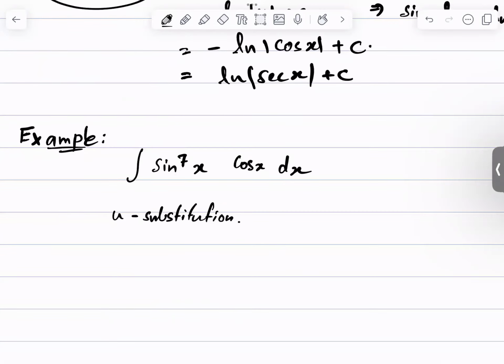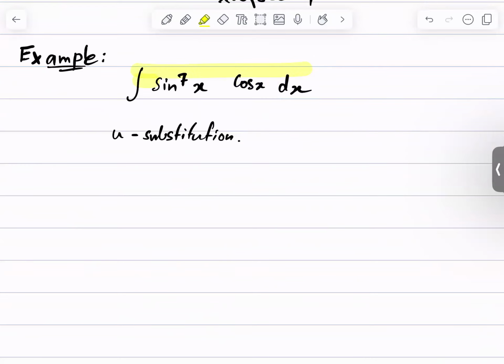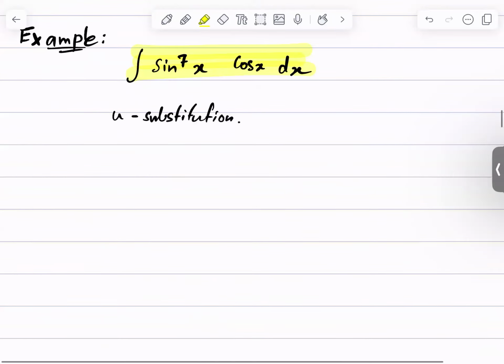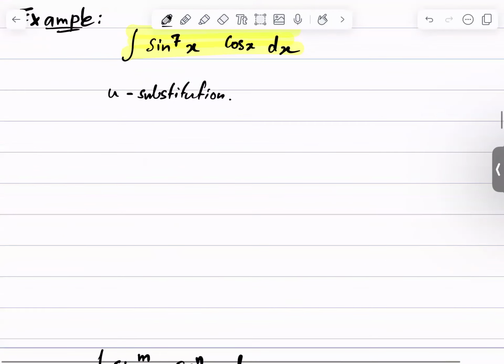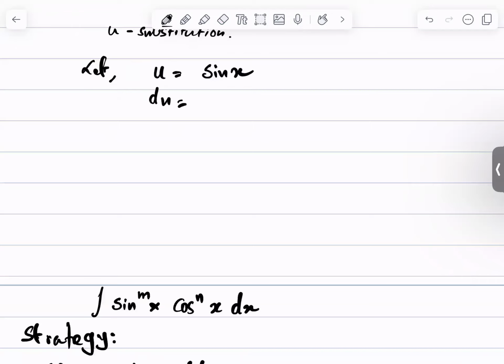Now, to start with, let's focus on this example: sine to the 7x cosine x dx. How to tackle this? This can be done using U substitution. This is quite easy. Suppose I take u to be cosine x. Oh, sorry. If I take u to be sine x, then my du would be cosine x dx, right?